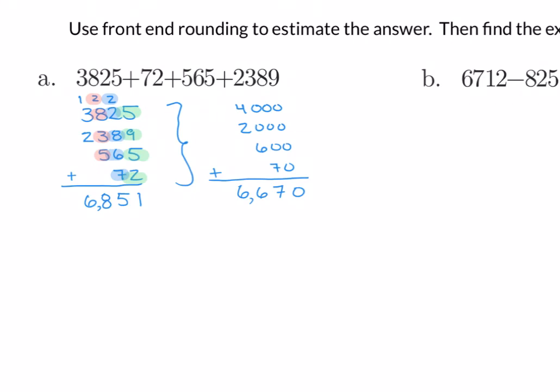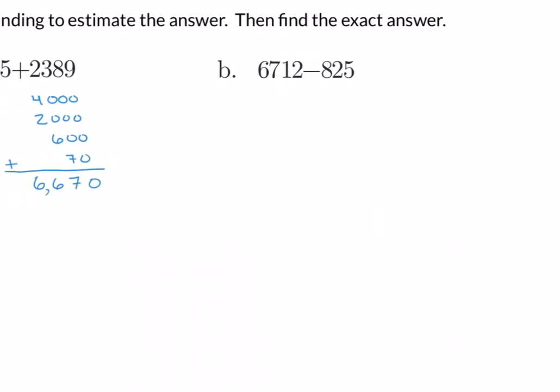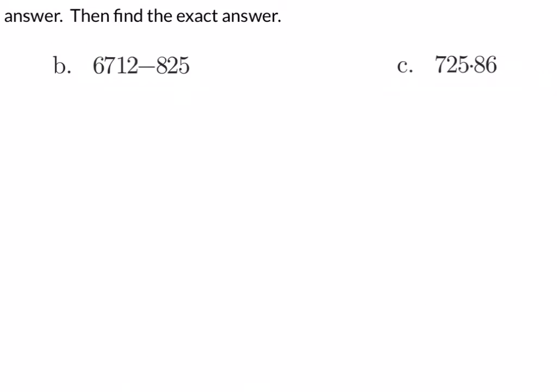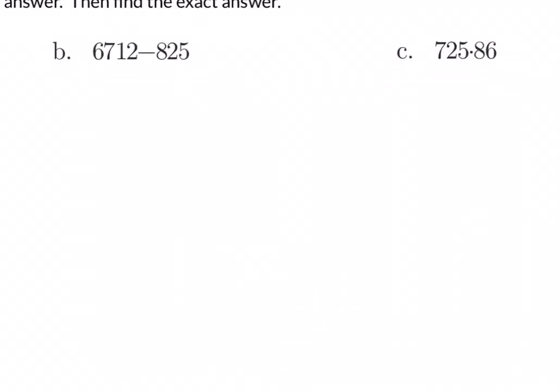All right, let's go ahead and try a couple other ones. Let's look at example B. Example B, I'm going to go ahead and start by writing this vertically. And then I'm going to go ahead and estimate.